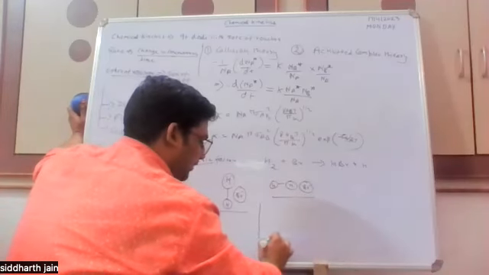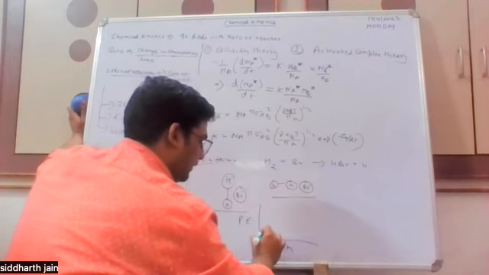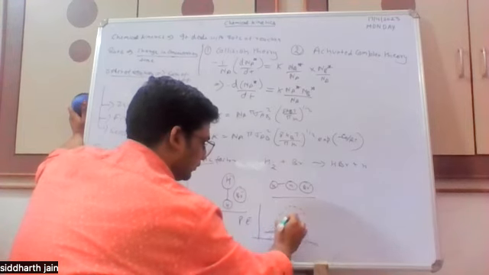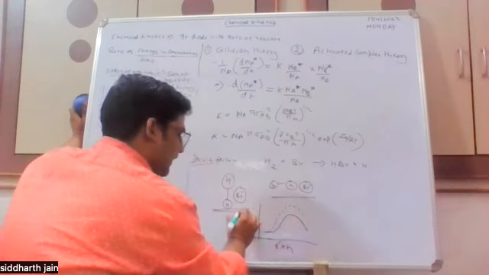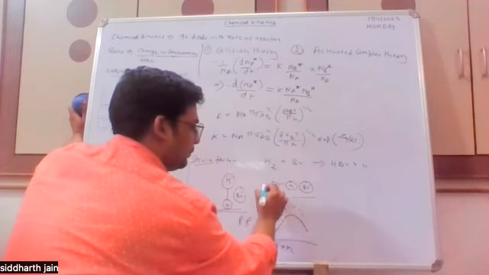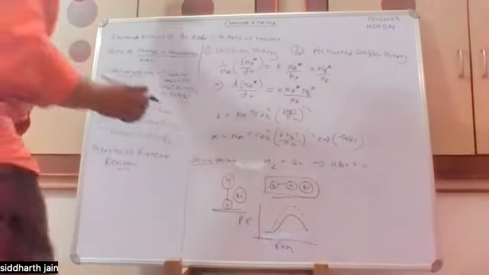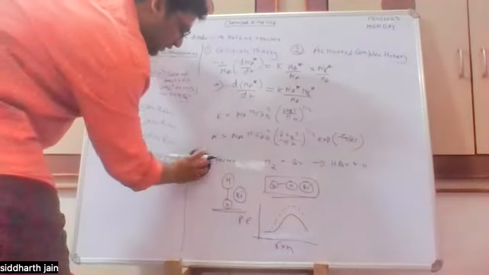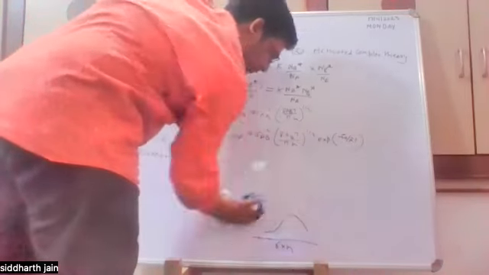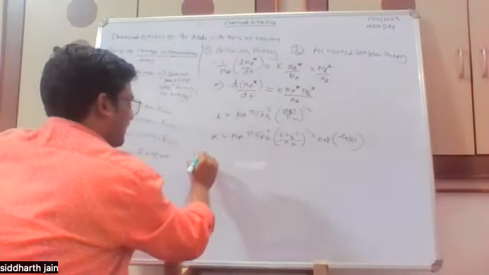If we plot potential energy versus reaction coordinate, then we will observe that for this case, as represented by the dotted line, there will be a large change in potential energy as compared to this. So the steric factor comes into play, and we can say that the steric factor determines that the rise of energy will be much higher in case A than in case B. So the steric factor is defined by a constant P, and it's different for different reactions.